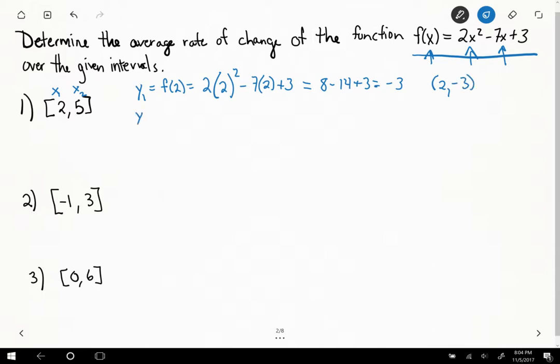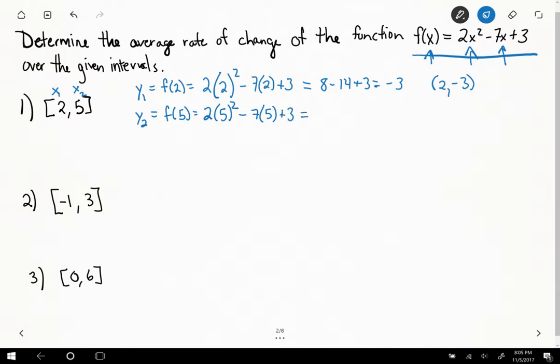As for our second point, our y2, essentially, that has to come from f of 5, because 5 is our x2 coordinate. And moving forward on that, what do we have? Well, we have 2 times 5 squared. Remember, 5 is replacing the x values once again. And so minus 7, there was another x there, so we'll replace that with 5.